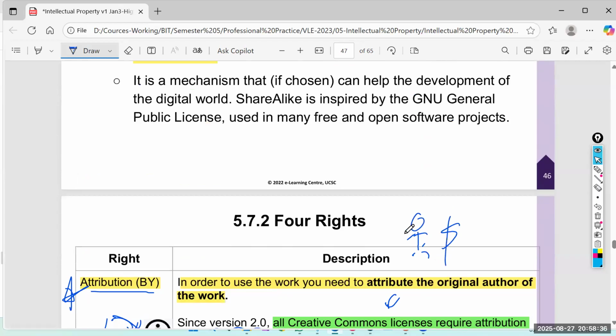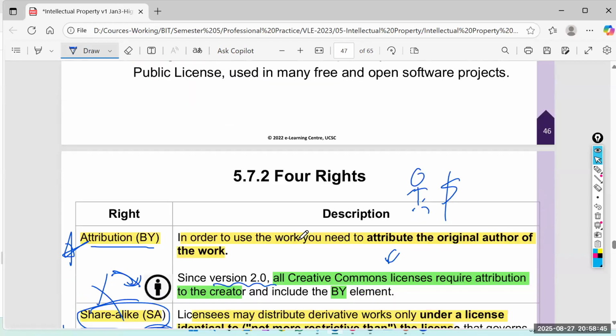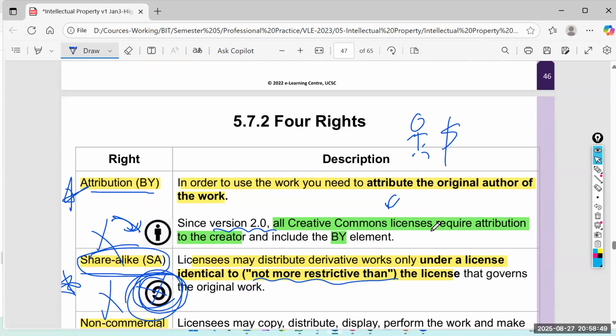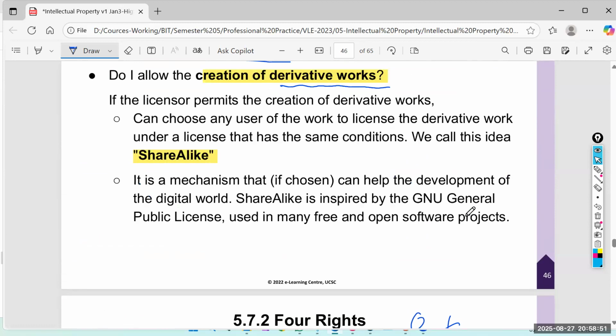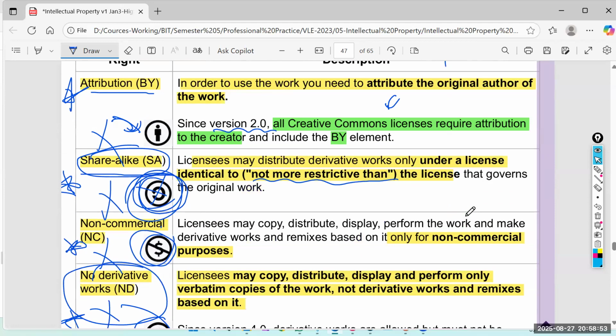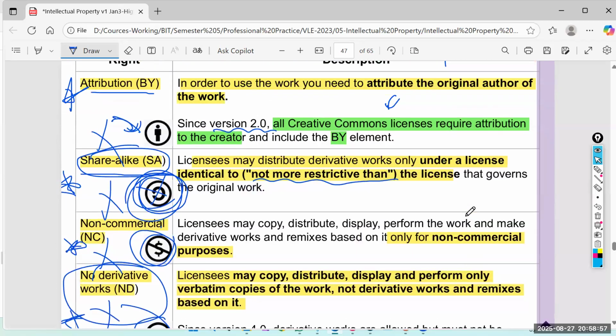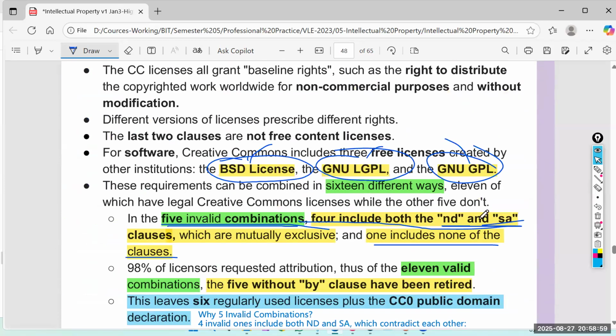But what happens if someone picks and chooses to include none? Then there are no rights, right? So that is also considered invalid. Any combination where you have both ND and SA is invalid. So there are four such combinations.